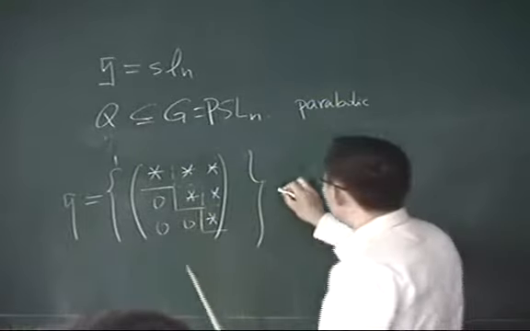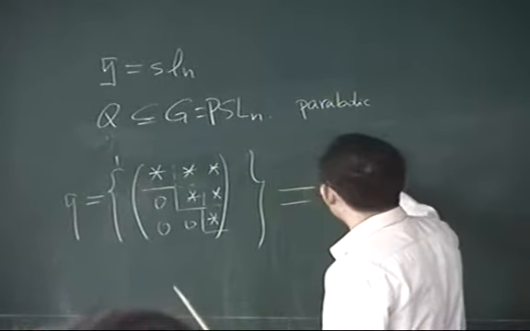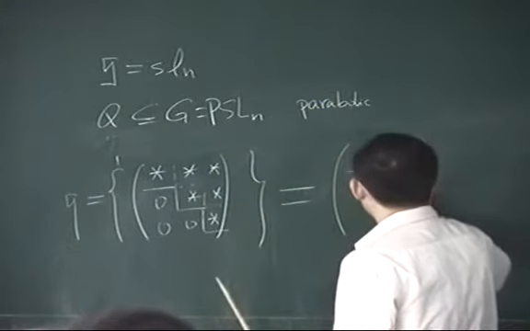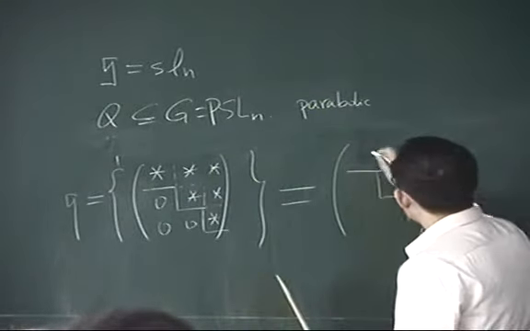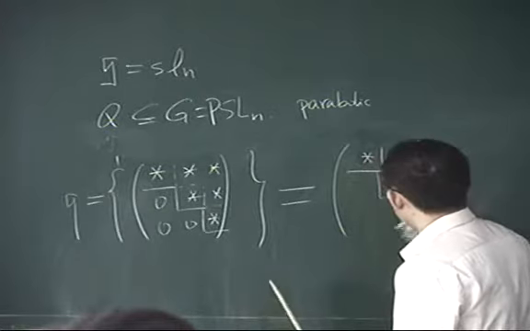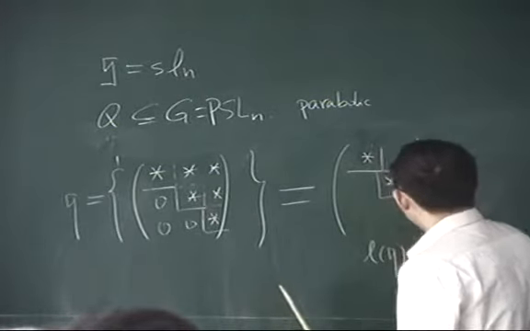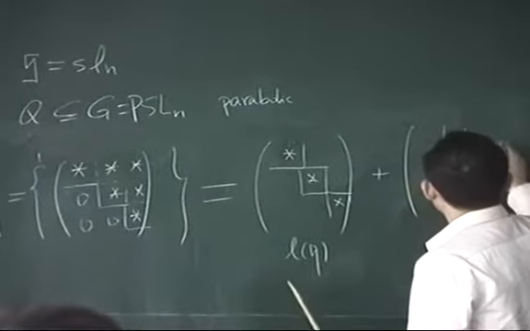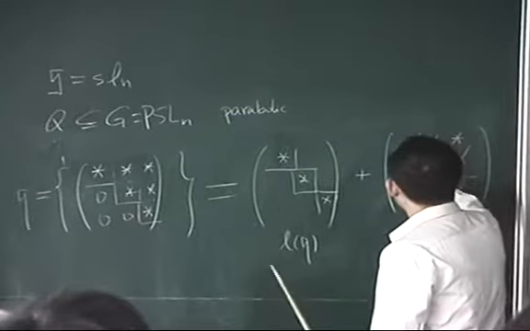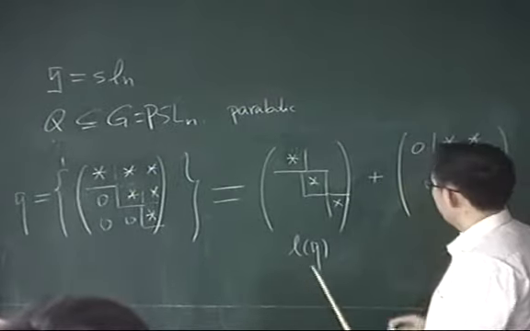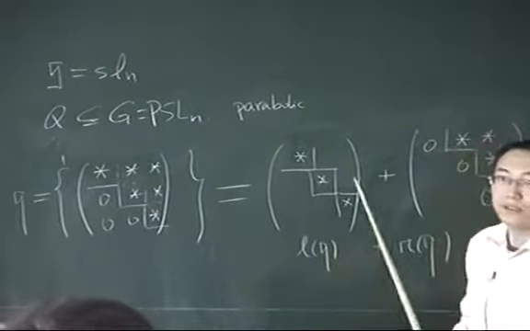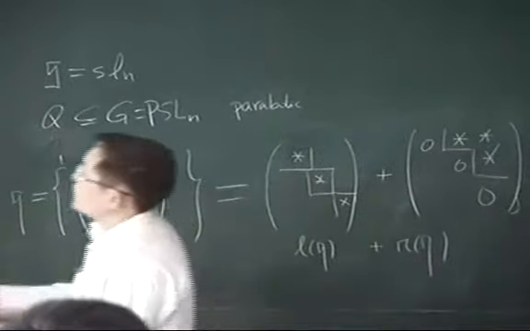When you decompose, you just take the diagonal part, which is the reductive part, L_Q, plus some nilpotent part, which is N_Q. So this is the Levi decomposition.